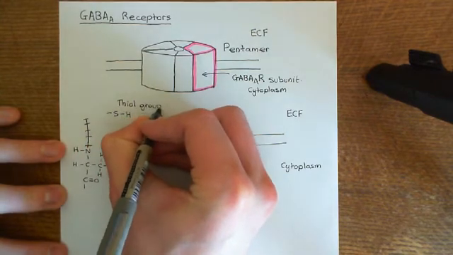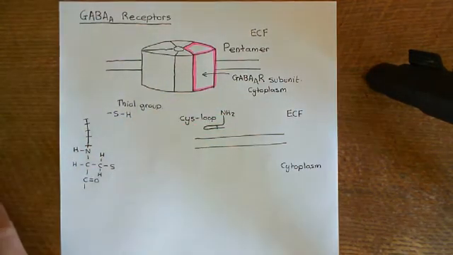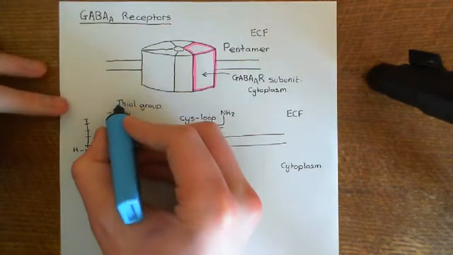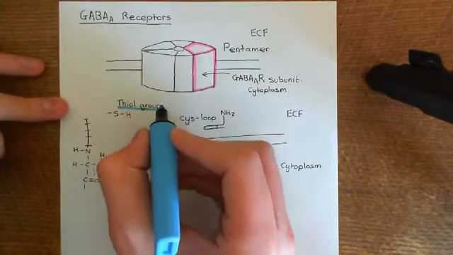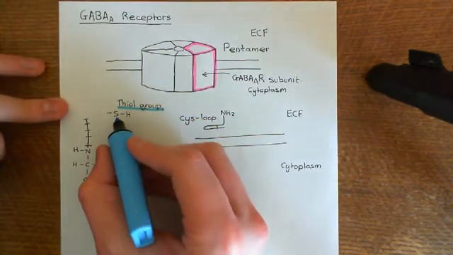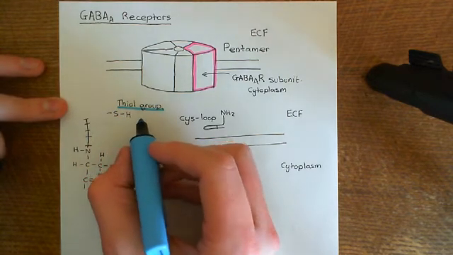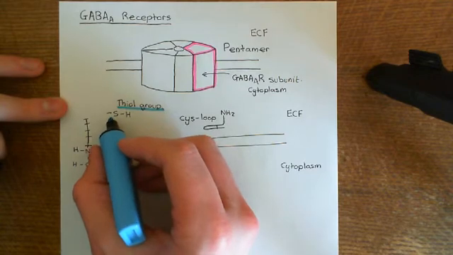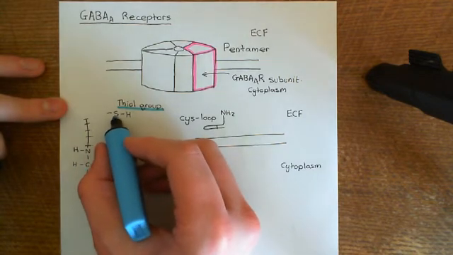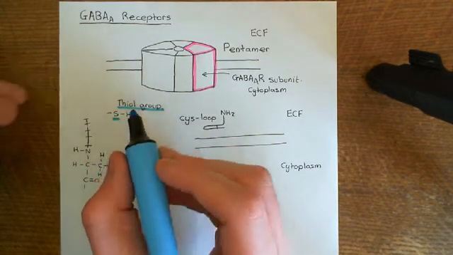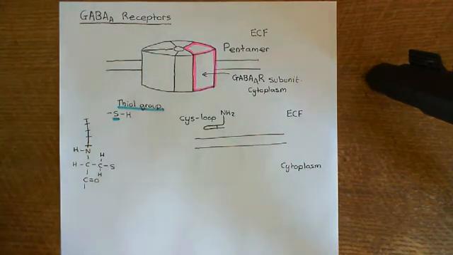Okay, and if you're unfamiliar with the chemical properties of thiol groups, the thing that I can say that will help you to understand them is that they have very similar chemical properties to alcohol groups, which hopefully you are familiar with. Okay, and the reason they have so similar chemical properties to alcohol groups is that sulfur is actually in the same group of the periodic table as oxygen.